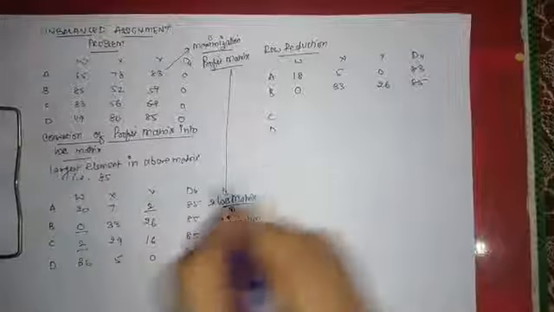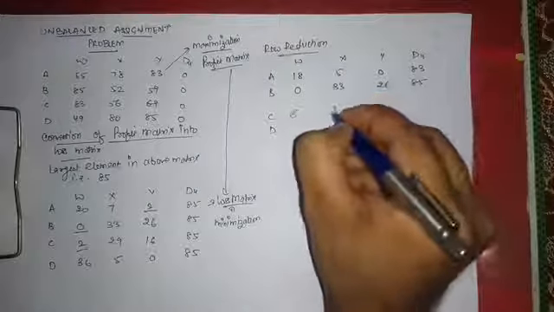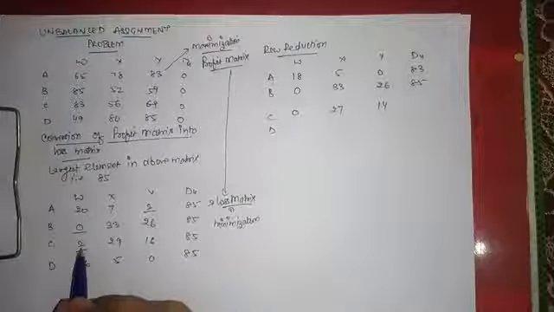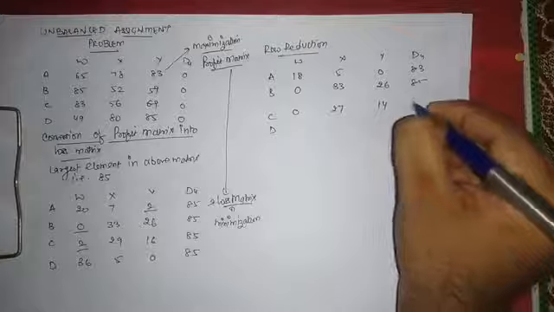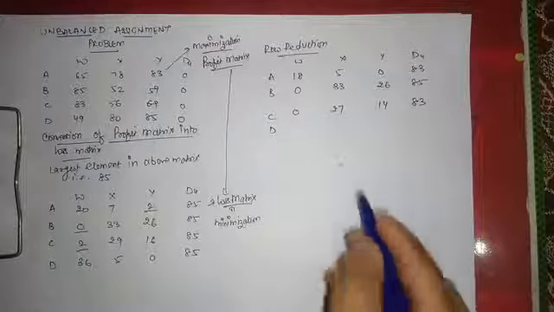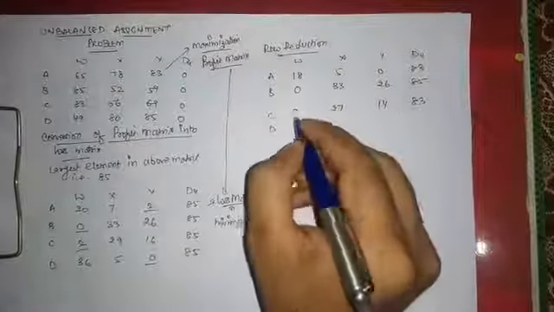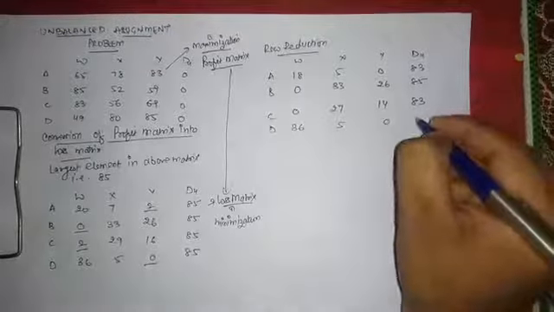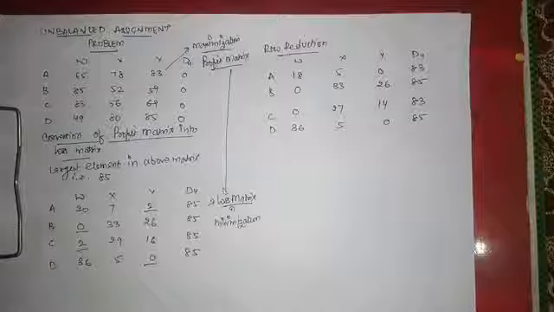Here it was 0, 2, 0, 27, 14, because we are reducing 2 from every element of the row. Here it will be 83. Okay, and let's write the same because the smallest element is 0, so the values will be the same: 36, 5, 0 and 85. We have done the row reduction.